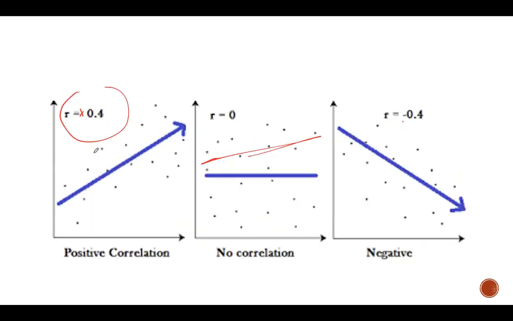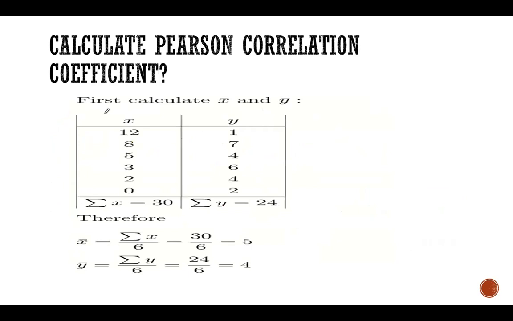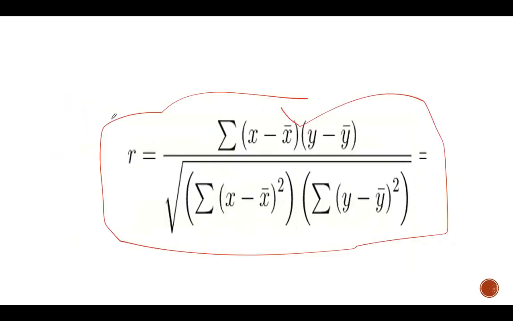Okay, so you can see two variables are given, x and y, and you have to find out the correlation coefficient. What do we require for this formula? For every question in business statistics, first you have to see what formula you are applying and do your calculation accordingly. Suppose here you need x minus x bar, y minus y bar, and then a summation of the squares of all the difference values.